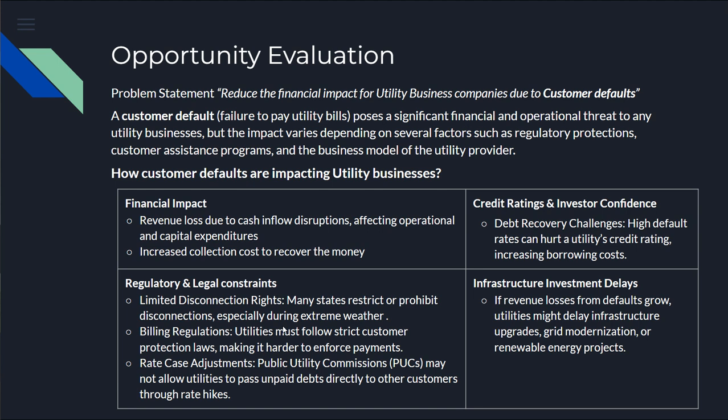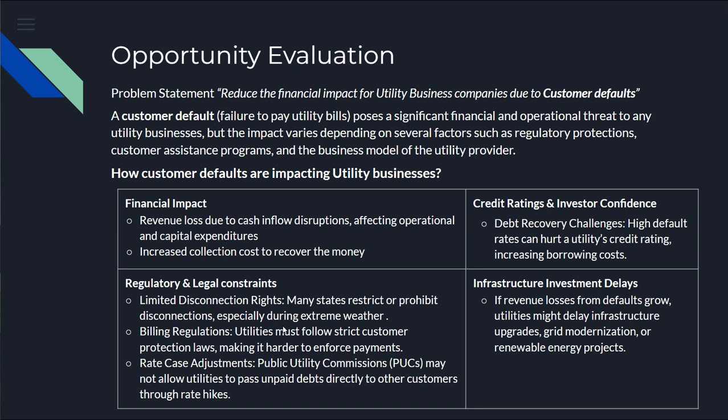A high default rate can hurt the utility's credit rating, because utility businesses also take money as financial support from different financial institutions, and if customer defaults keep on increasing, it will impact the creditworthiness of the business.